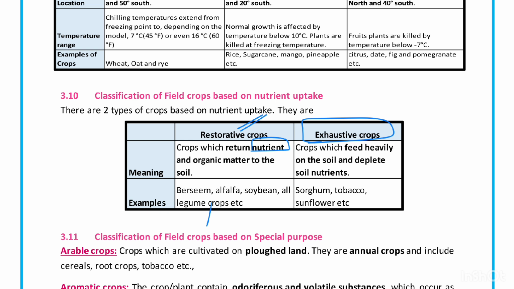There are a few crops that draw nutrients from the soil and do not contribute to returning that nutrient back to the soil, and these crops are called exhaustive crops. Clear? I hope the meaning of restorative crops and exhaustive crops is clearly understood. Restorative crops basically return nutrients and organic matter back to the soil.